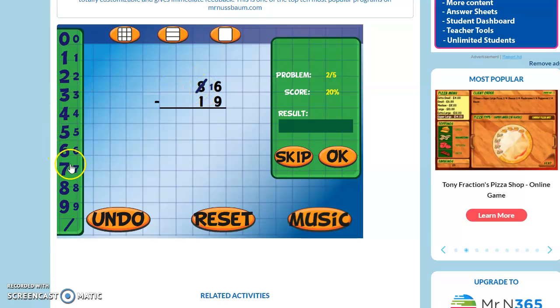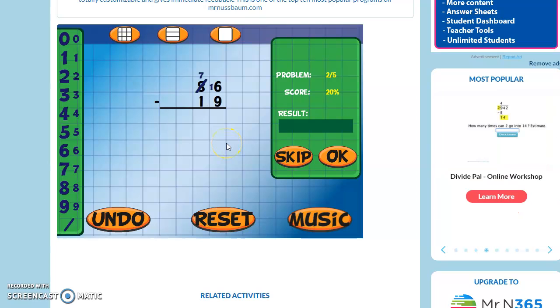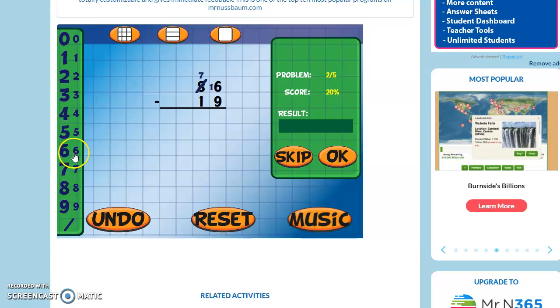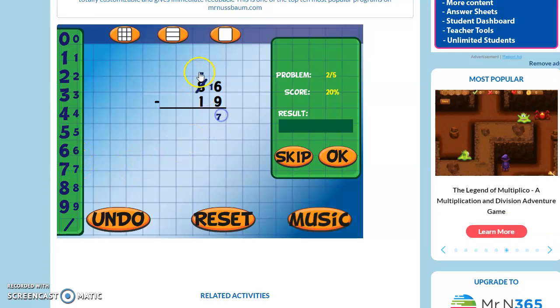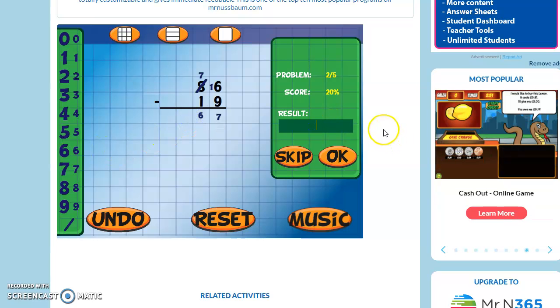And if I did have 8 tens, then I would have 7 tens. Okay, so 16 minus 9 is 7. 7 tens minus 1 ten is 6 tens. So my answer is 67.